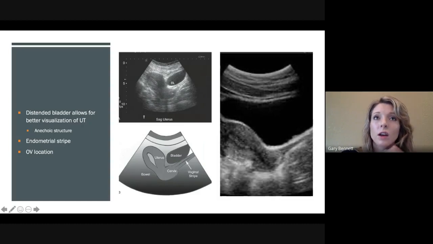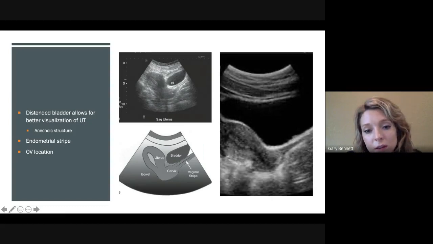It's also going to give you better angles for the sound beams as they come across the uterus. If the uterus is pointing straight up, those sound beams aren't going to be able to obtain a good image of the uterus and the contents within it. So you want to have it stretched out with a distended bladder there.